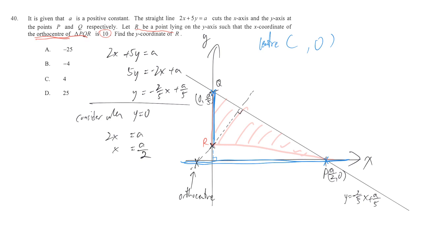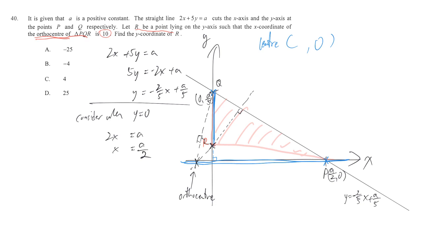The third line, if you extend from Q and extend PQ, they will bisect at this point also, such that this is perpendicular. But in order to find that, we just need 2 lines.